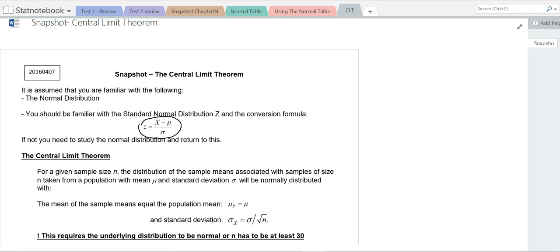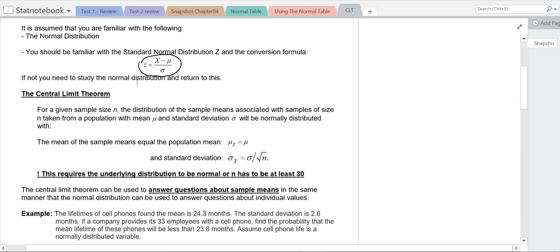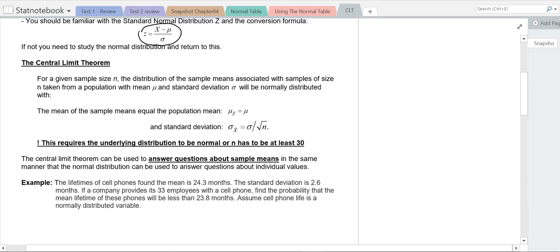So, a quick reminder of what the central limit theorem is about. For a given sample size, the distribution of the sample means associated with the samples of size n taken from a particular population with mean equal to mu, standard deviation sigma, will be normally distributed under certain conditions, the conditions being n is at least 30 or the underlying population is normal.